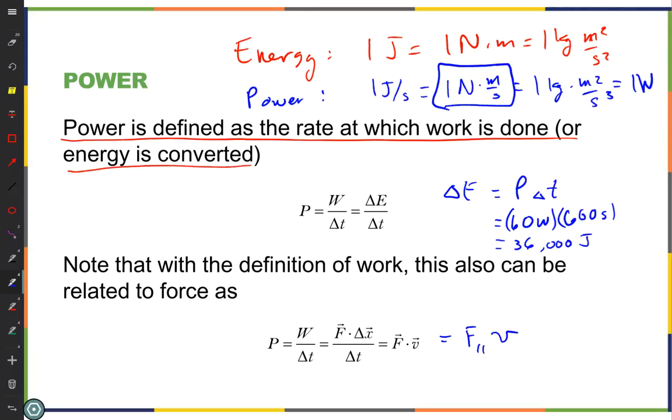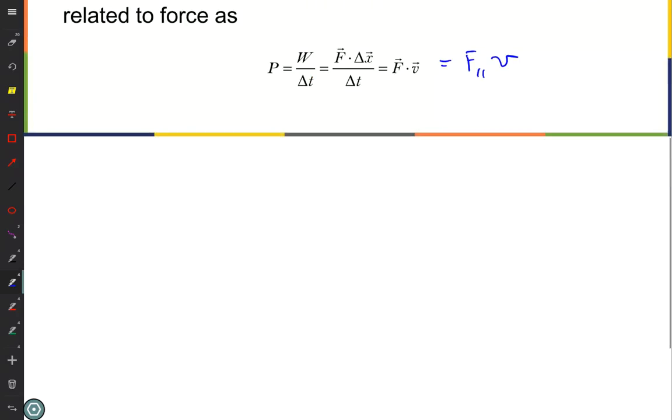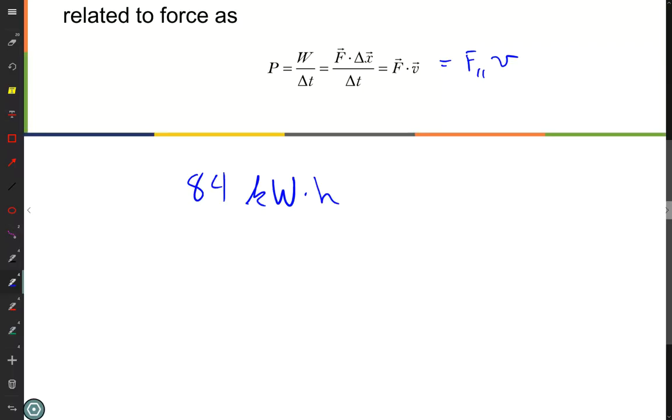Now, probably most of you don't deal with electric power bills, but if you get your electric power bill, what units does it list your usage in? It usually is in kilowatt hours. So it might say your energy usage this month was, let's make up a number, 84 kilowatt hours.